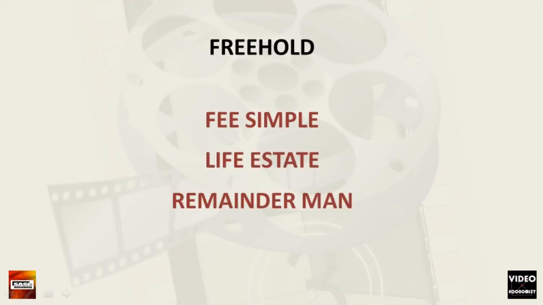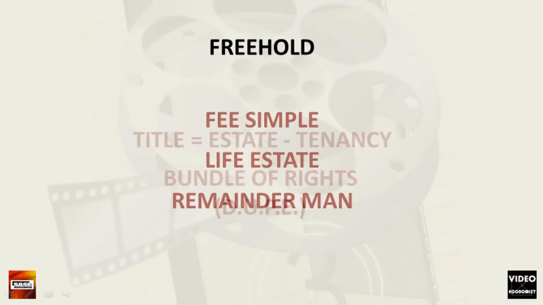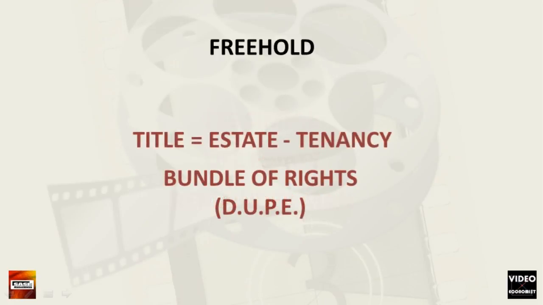The freehold may be fee simple, could be a life estate where someone has the right to live in a house until they pass away, and then is prearranged to be turned over to another party. And generally this party is called a remainder man, is the traditional term.